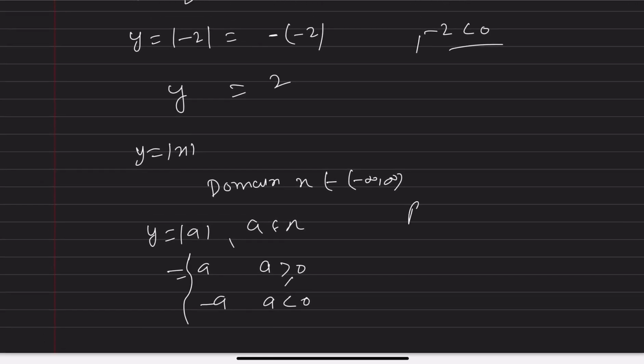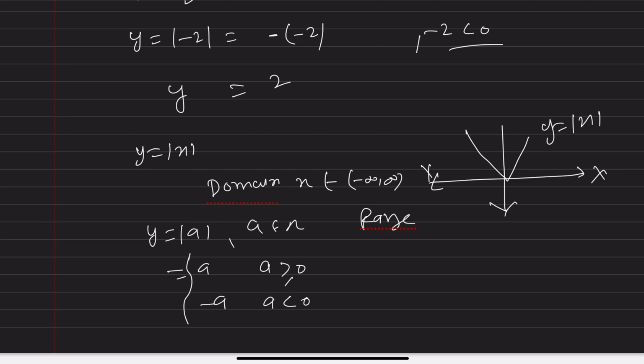Now what about the range? The range of y equal to mod of x is going to be equal to what? To find out the range, I can draw the graph. So you can see that it is y equal to mod of x. Here x and x dash, here y dash and y, and this is y equal to mod of x, and this is the origin 0, 0.